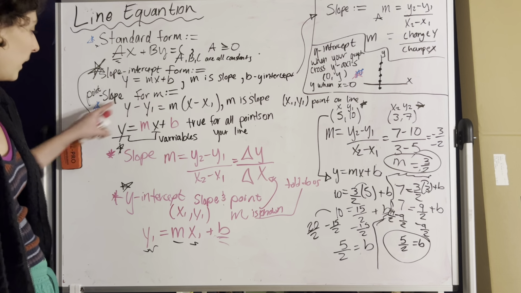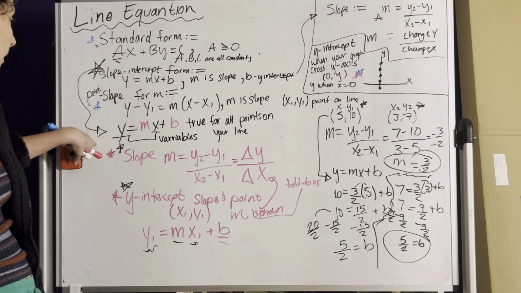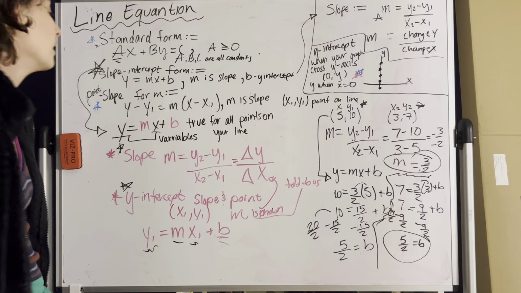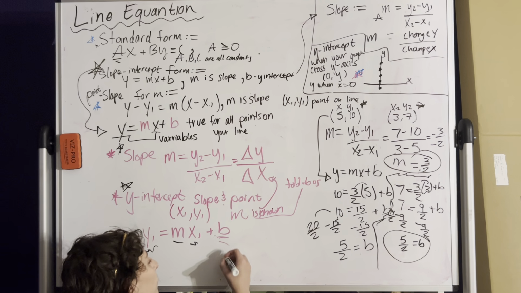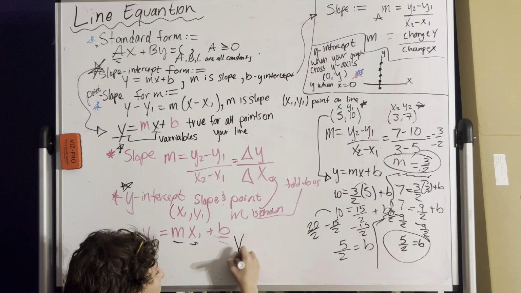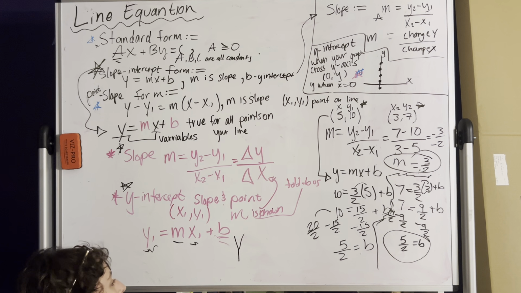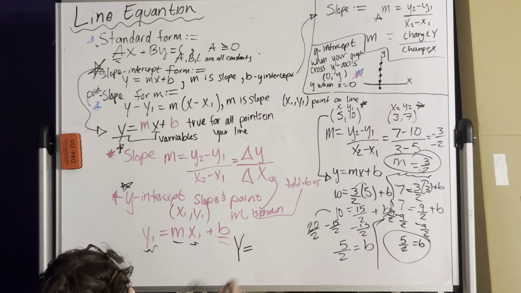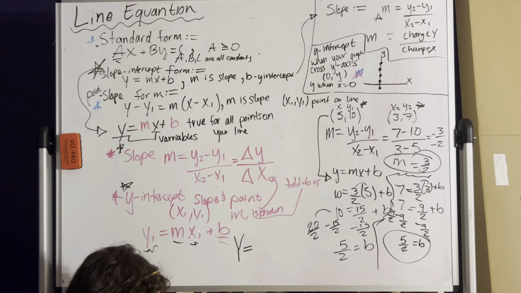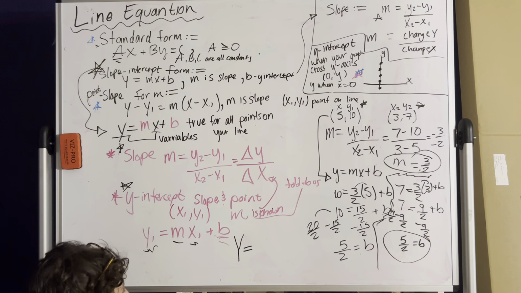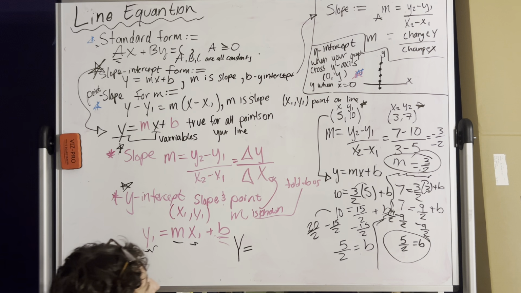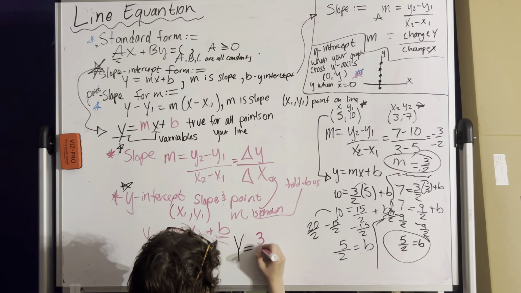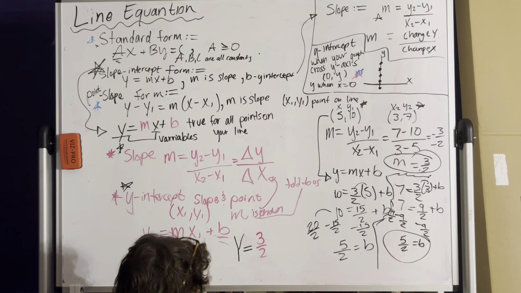So whenever we have an equation in slope-intercept form, we always have y is kind of our placeholder for all of the y's that are on this line. And then m is a constant. We know what it is, and it's going to also be the same for every point. So we can write it in. It's going to be 3/2.